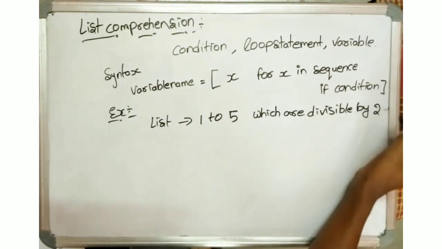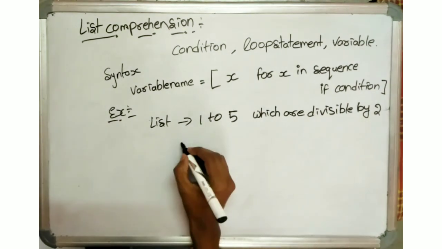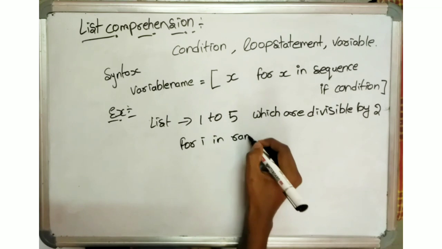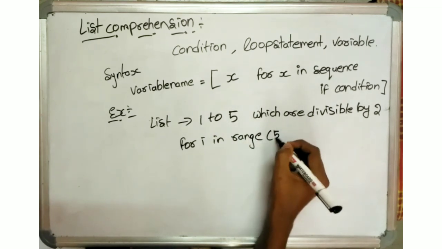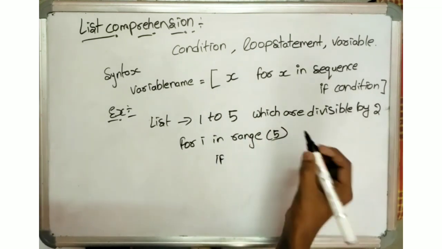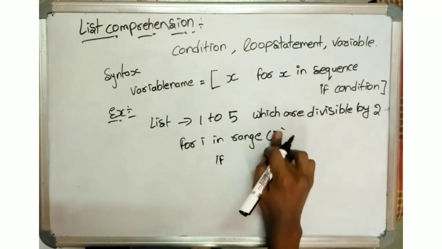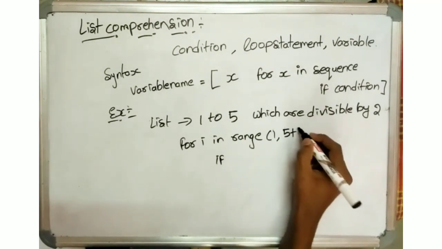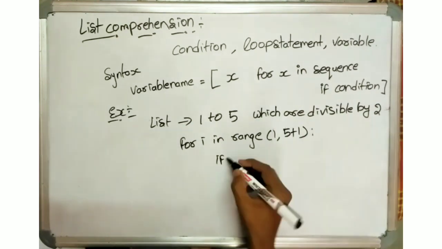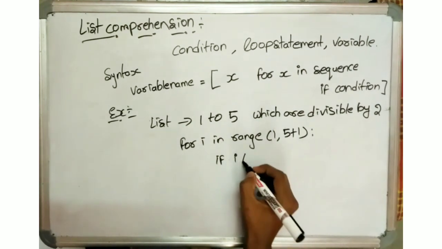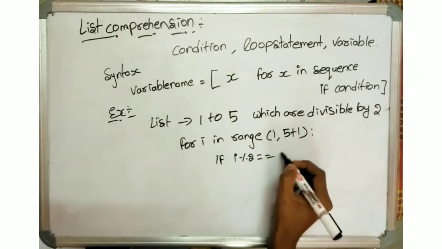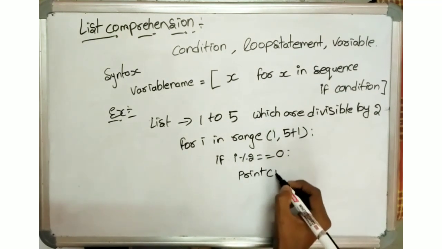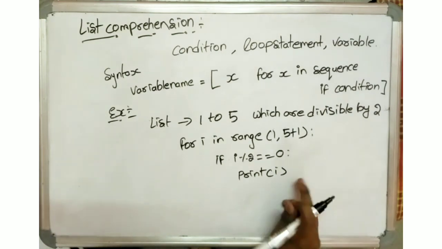For this, what we generally do is take a for loop: for i in range of 1 comma 5 plus 1, if i mod 2 equal to 0, we just print i. This is the regular approach that we follow.